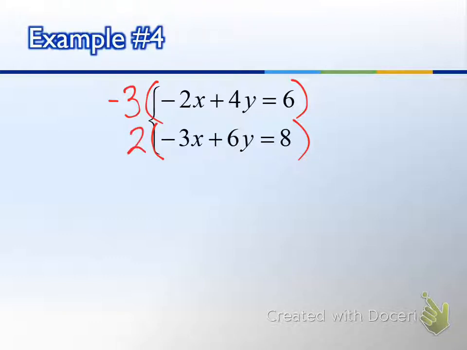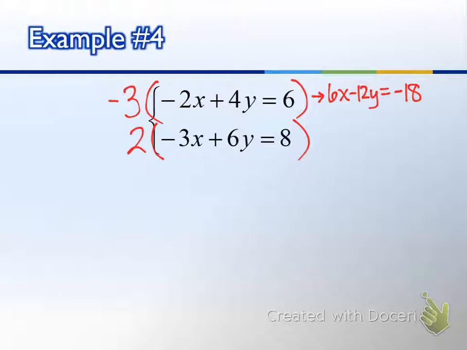A positive 2. Remember, we want to end up with opposites, so they need to have different signs. If I multiply the whole top equation by -3, what does that give me? Sadia. 6x minus 12y equals -18. Very good.